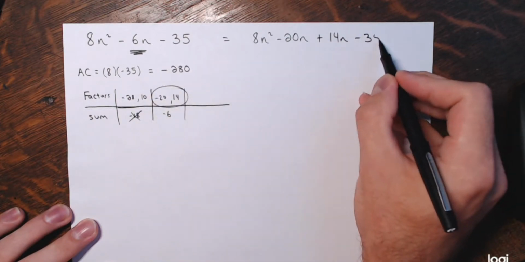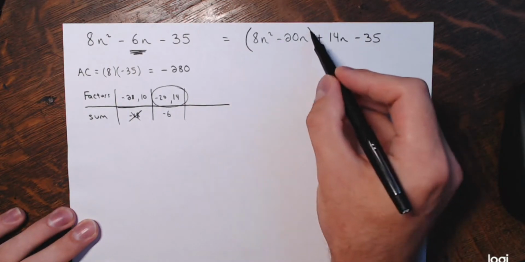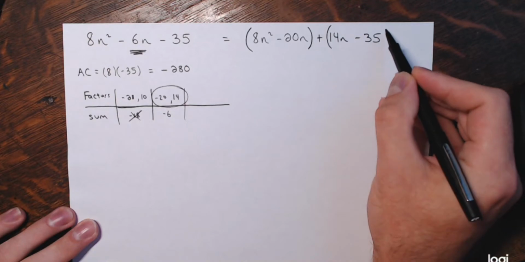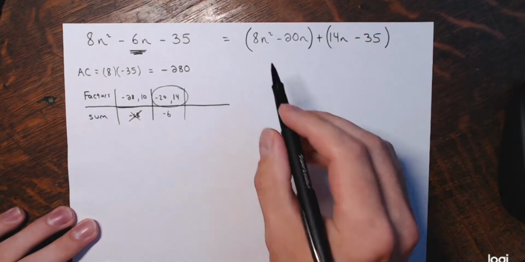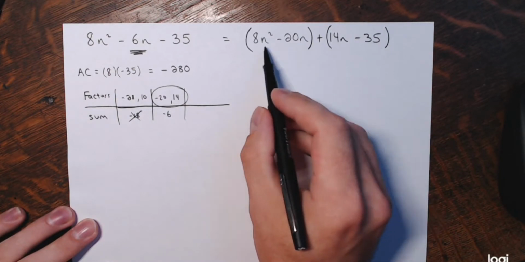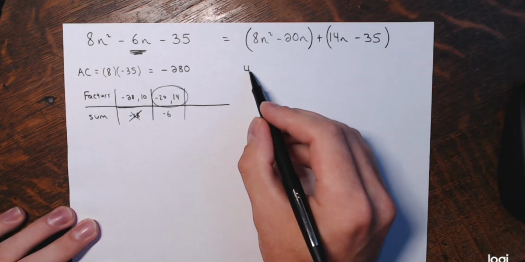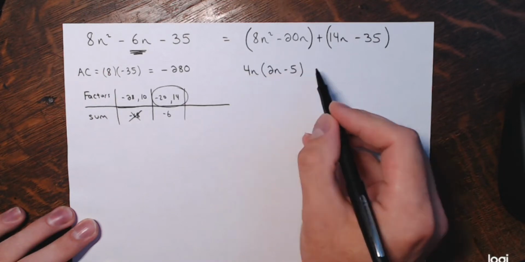Now again, the reason I'm writing the positive second is so I can do the grouping right here. First group plus second group. With the minus in the middle, it's a little trickier. And then the first group, those have a common factor of 4n. And then you'd have 2n minus 5 left over.